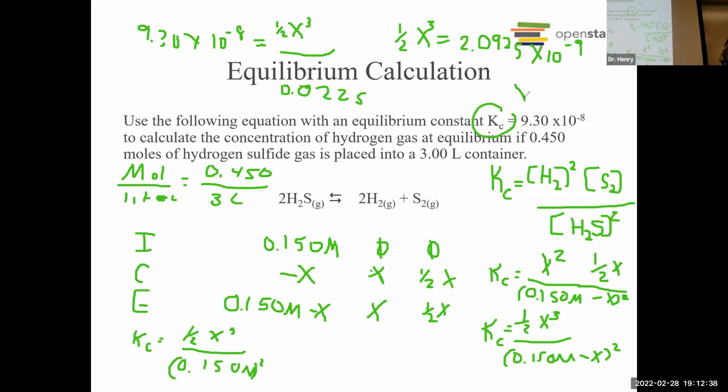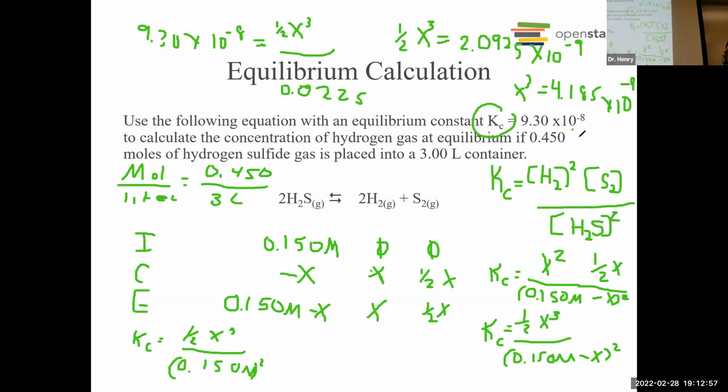So I get x cubed equals 4.185 times 10 to the minus 9.